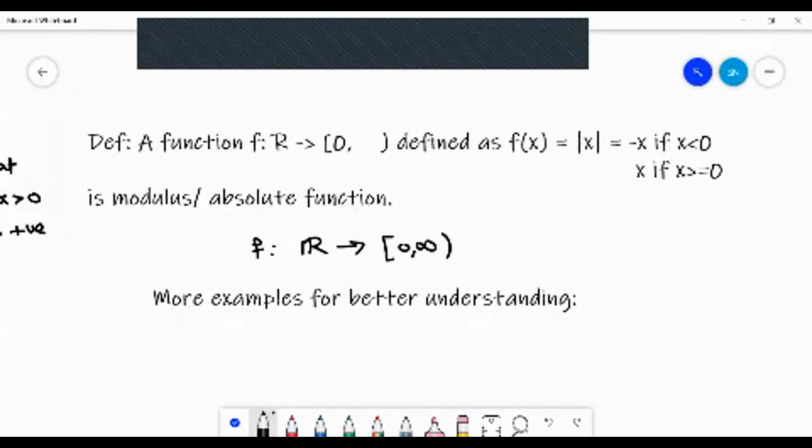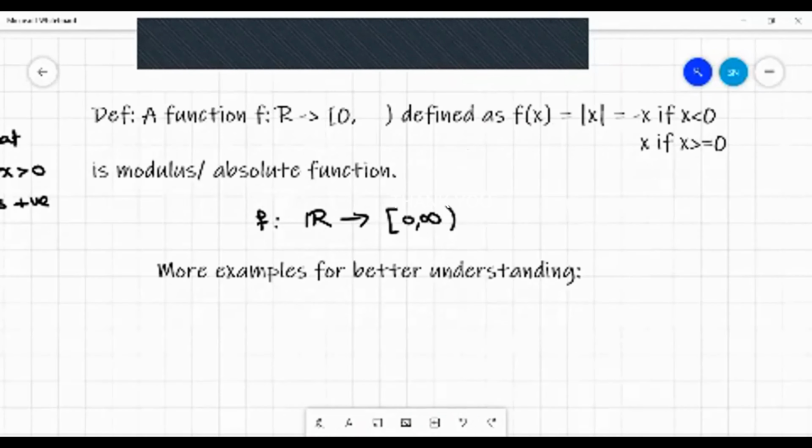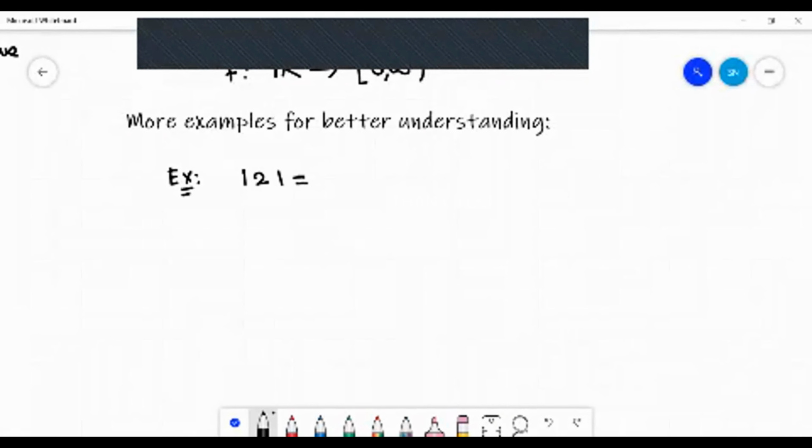Now let us see some examples in order to get a deeper understanding of the modulus function. Take modulus of 2. I will check whether the value inside the modulus is positive or negative.